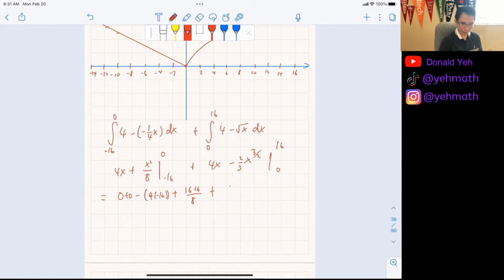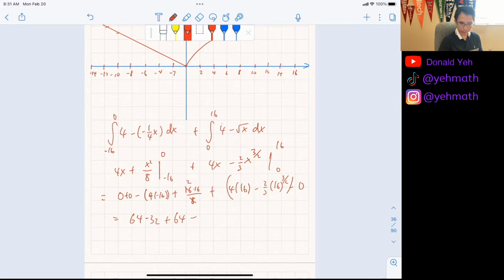Plus 4 times 16 minus 2/3 times 16 to the 3 over 2 minus 0. So this work is a lot. That's going to be 64 positive. This is going to cancel out, so it'll be minus 32. And this is plus 64.